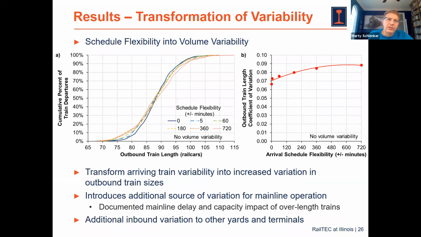Tyler, in this simulation, what assumptions or strategies were baked in terms of when a train was judged to be too small to depart and had to wait on cars for connection, and then what maximum train size was allowed? I don't think there was a maximum on the train size.